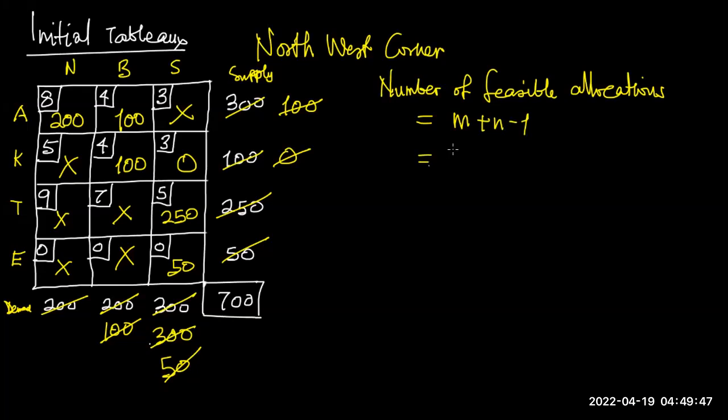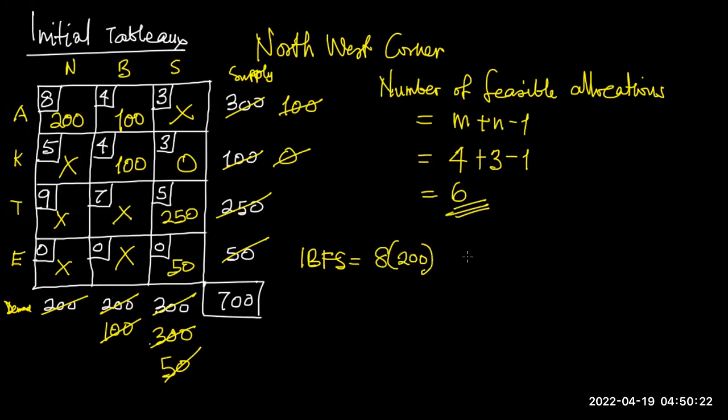How many rows? 4 rows. How many columns? 3 columns. Minus 1, which is equal to 6. It must be 6, so let's confirm that. We have the initial basic feasible solution: 1, 2, 3, 4, 5, 6. So that's correct.